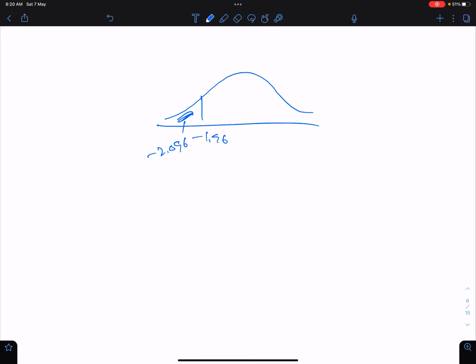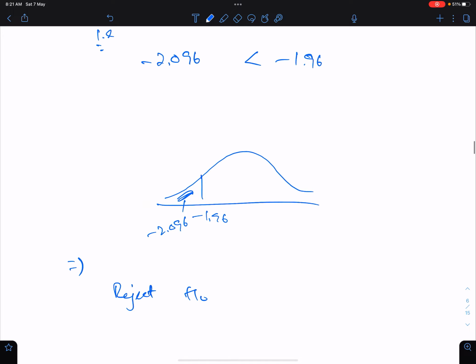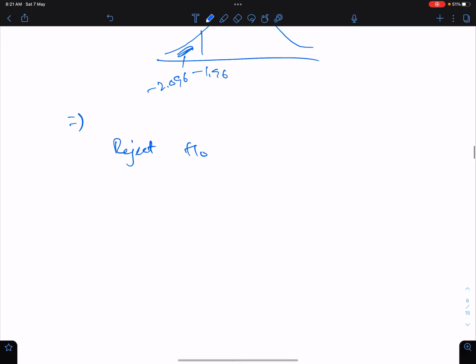Since Z test lies in the critical region, therefore we have to reject H naught. This means there is sufficient evidence that the spinner is biased.